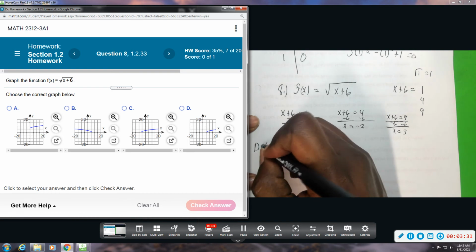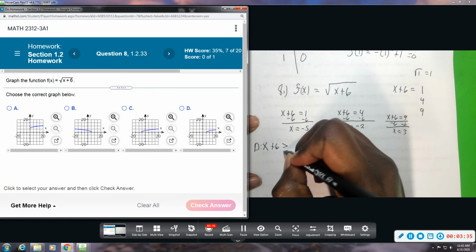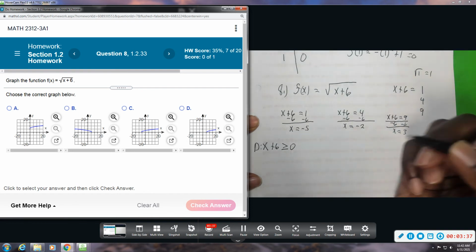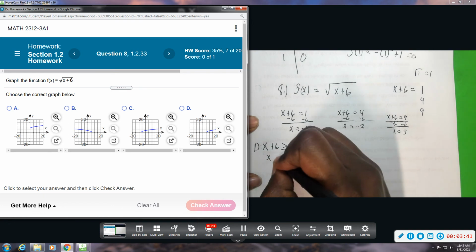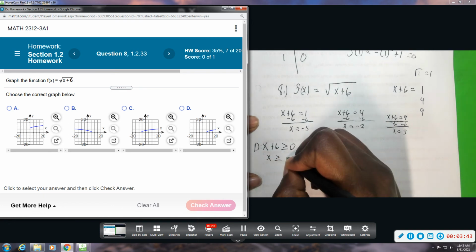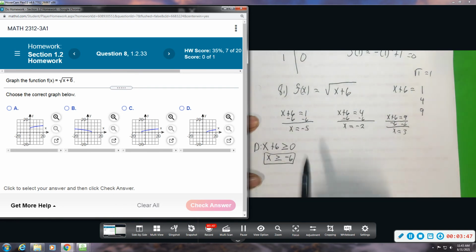So domain: x plus 6 has to be greater than or equal to 0, which means positive. And then if you solve for x, that tells you that you can use any x value greater than or equal to negative 6. And as you can see, the x values that we have, negative 5, negative 2, and 3, are all greater than negative 6.